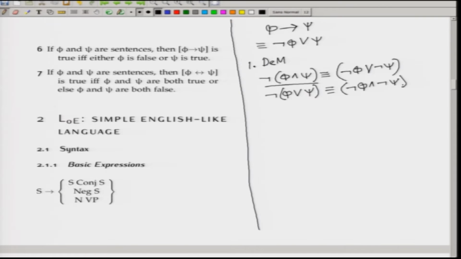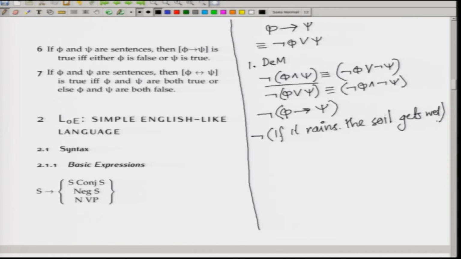Now we understand one thing. When can we say that it is not true that phi implies psi? Suppose you are saying that it is not true that if it rains the soil gets wet.